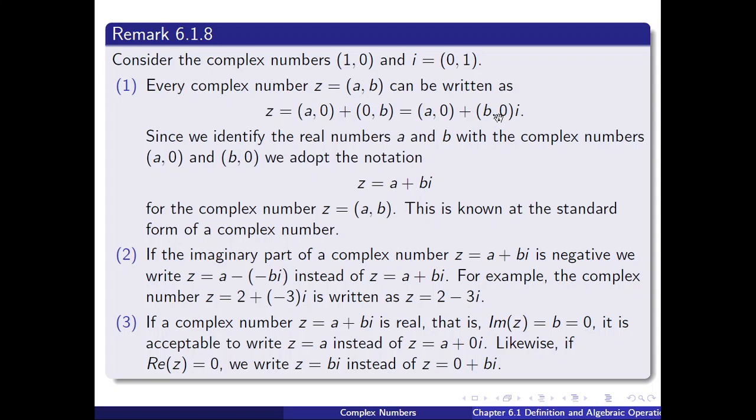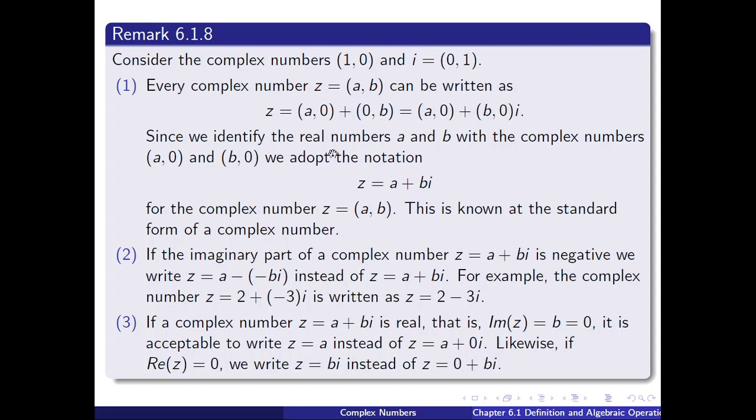So if you think of this i as (0, 1), and then you multiply it by (b, 0), you should be able to get (0, b) if you apply the rule for multiplication of two complex numbers.